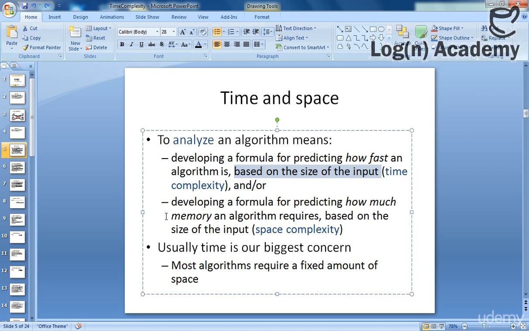The second one is space, or the space complexity. Developing a formula for predicting how much memory an algorithm requires based on the size of the input. The first is how fast an algorithm is, and the second is how much memory, how much space the algorithm requires to run.